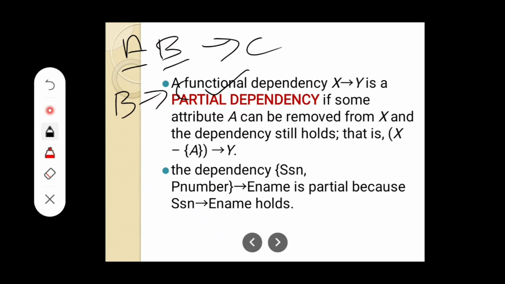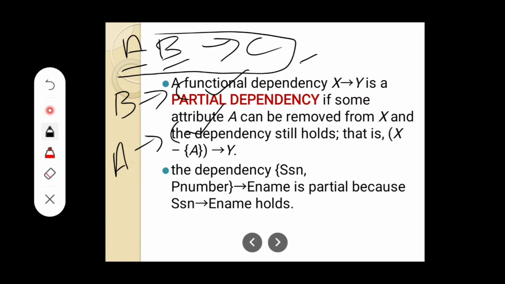If I remove B, it becomes A determines C. This functional dependency is also true. Then we can say that AB determines C is a partial functional dependency.